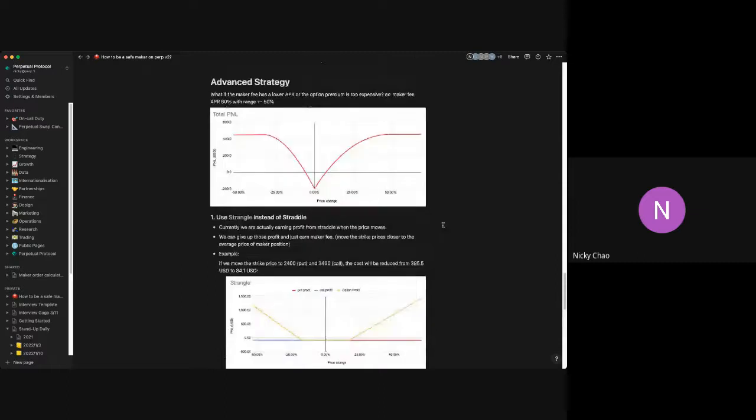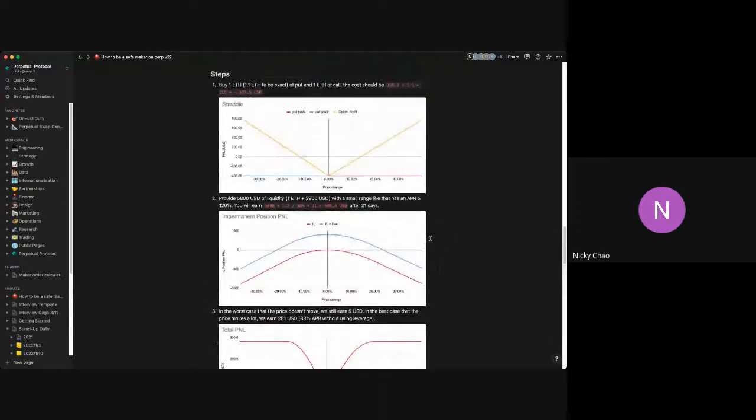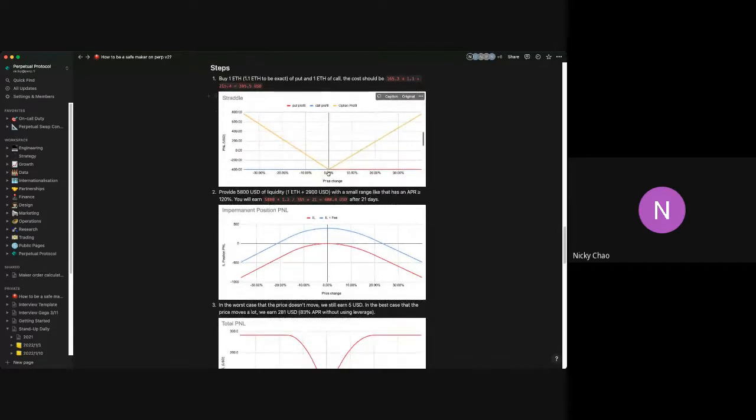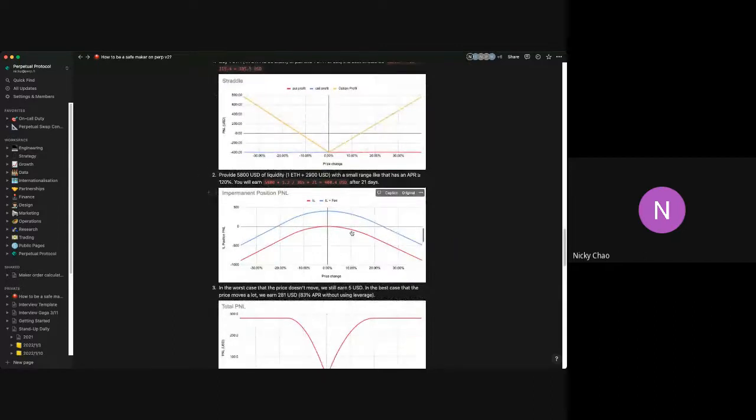Okay, so if you see the chart here, from the option side, we are actually longing too early. We long 1 ETH from here at 2,900. But from the maker side, we actually start shorting 1 ETH at some average price, because from here we don't have any position.